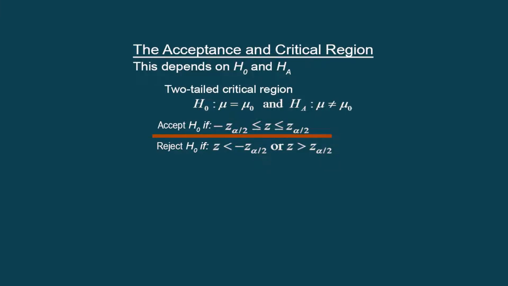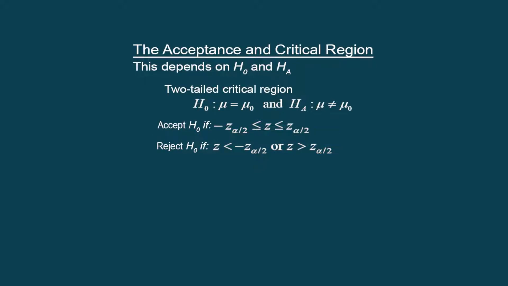So alpha by 2 is 0.025, in the negative tail of the distribution, and in the positive tail we also have alpha by 2, which is 0.025. So if the value of Z lies within minus Z alpha by 2 to plus Z alpha by 2, then we say there is no difference between the population mean mu and mu 0. So we are accepting the null hypothesis.